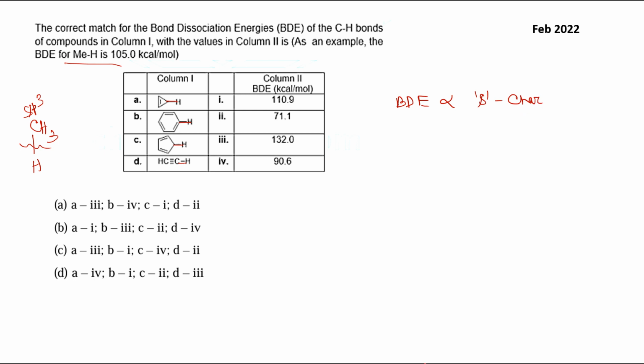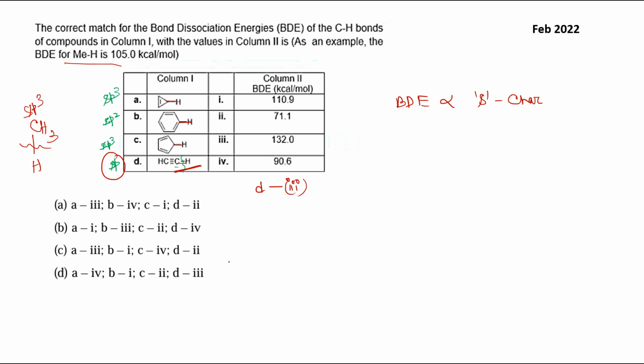Okay. Now what about the S character of this A, B, C, D carbon hydrogen bond? In case of D, if you see the hybridization of this carbon with which the hydrogen is attached, you are basically breaking this bond. So this carbon is sp hybridized, this is sp3, this is sp2, and this is again sp3. Now obviously when it is sp, maximum energy we have to provide. That means D should be associated with maximum energy, that is D should be 3, right?